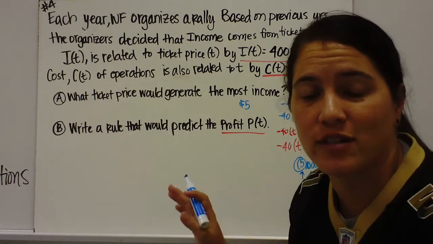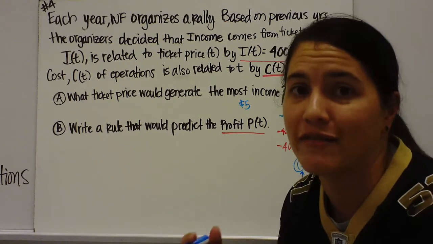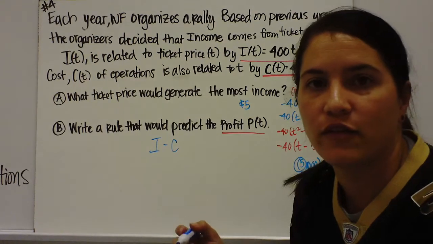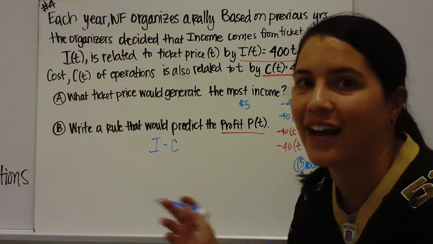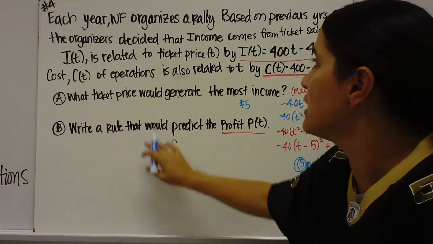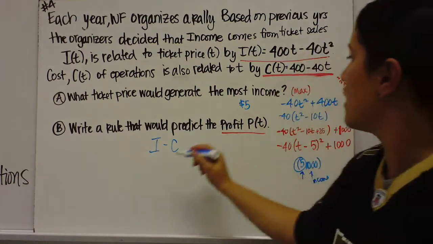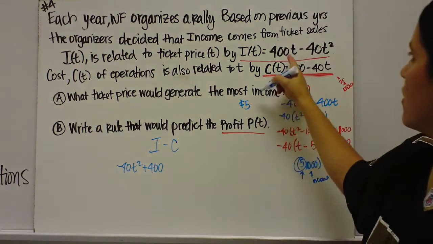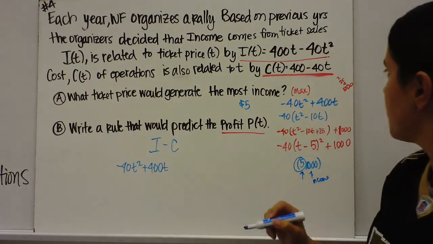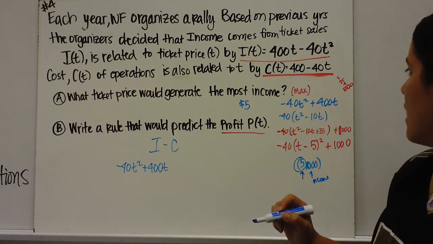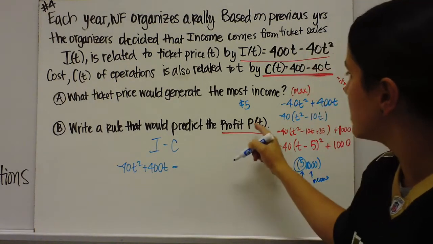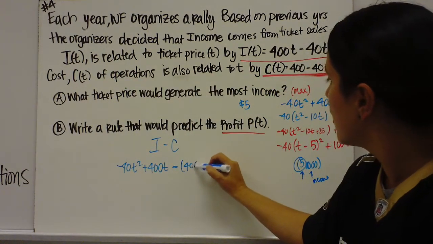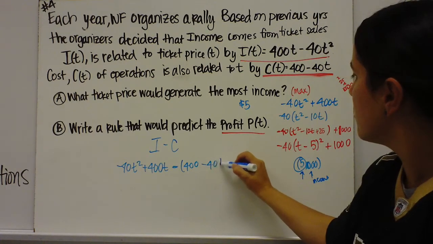The way you find your profit of something is you take your income and you subtract your cost. Your income minus your cost. Anyone knows that if you put money into something, you have to get that money back, and then you make profit. So our income is negative 40t squared plus 400t. And then I'm going to subtract my cost, which is 400 minus 40t.